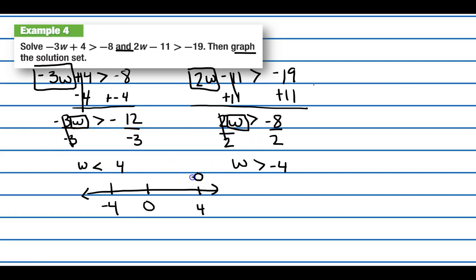So I'll just kind of show a little piece here that it's going to go in that direction. And then I have w is greater than negative 4, which is open dot. And this one is me pointing to the right. So as you see here, if I was to extend both of these lines, they're going to cross over. And that's what happens when we have an AND inequality, is a crossover.